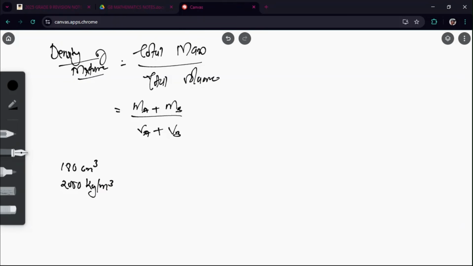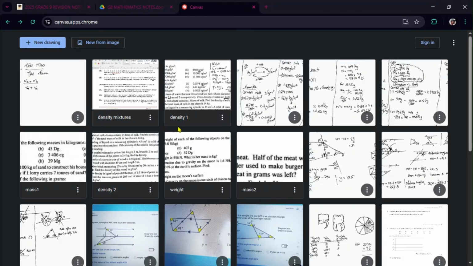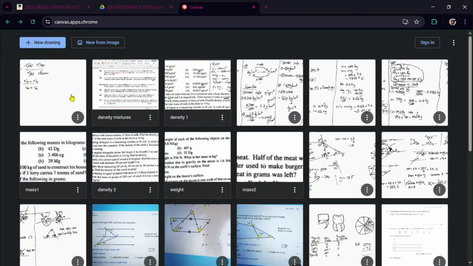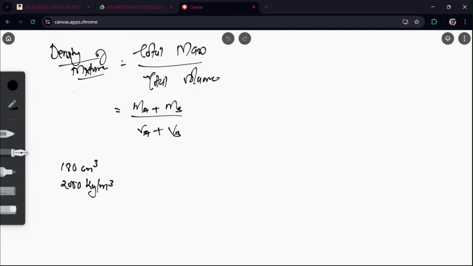This iron, you're mixing it with 120 centimeters cubed of lead metal of density 4 grams per centimeters cubed.